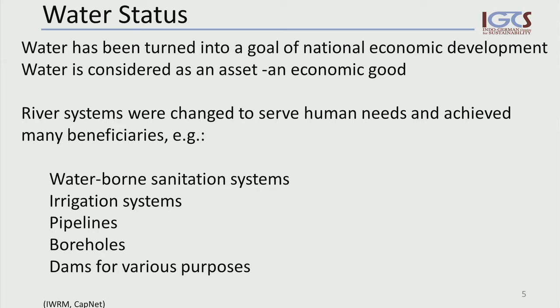Let's just think of the waterborne sanitation systems, our irrigation systems, our pipelines that take water to where we need it instead of forcing people to settle close to the water sources. Let's think of the green revolution that was made possible by access to groundwater through boreholes and the construction of dams for various purposes.